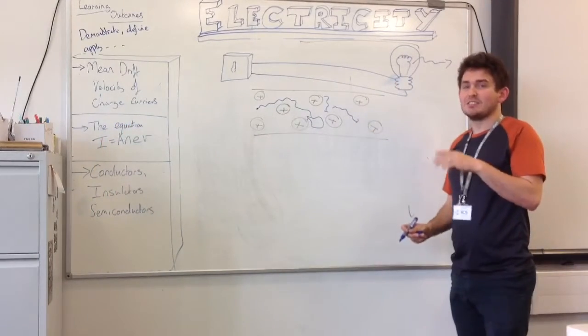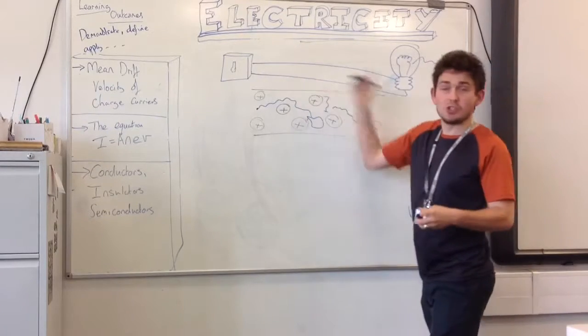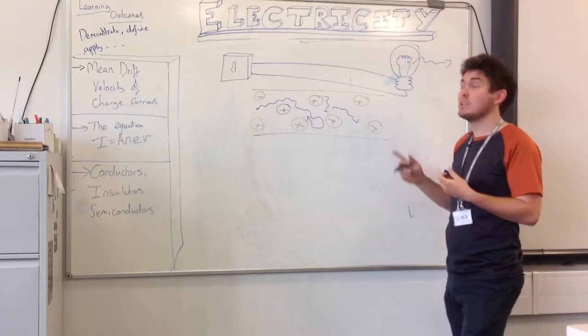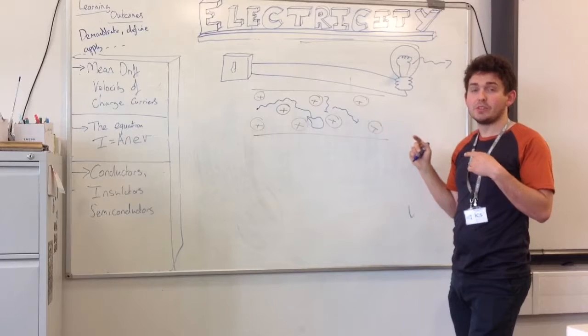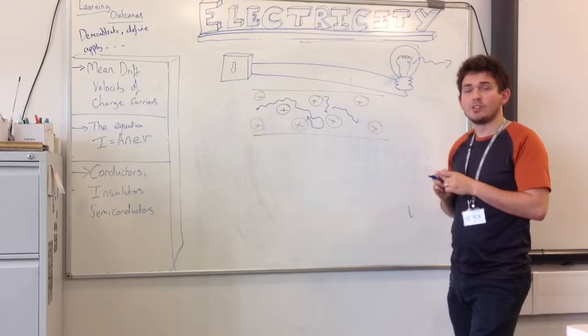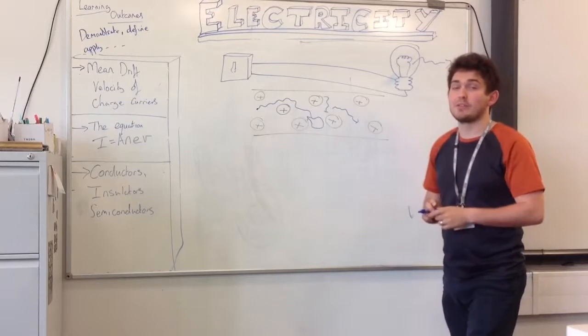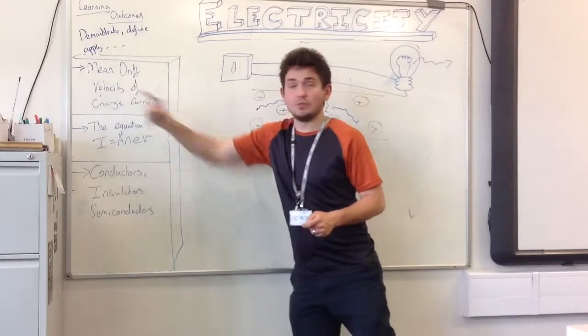But in fact, they don't rush very fast at all. Something rushes fast. The energy must be rushing fast. There must be some information communicated between here and there. But it isn't electrons. The electrons themselves take quite slow, languid paths. And that's why we call it the drift velocity.